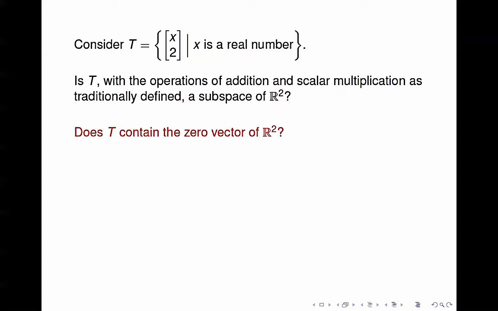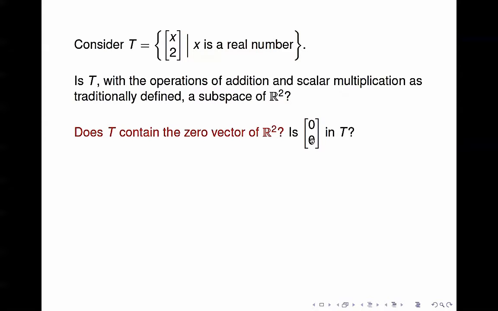So looking at the first one, does T contain the 0 vector of R2? That was the first requirement to be a subspace. So I'm asking, is the vector (0, 0) in T? If you look up here at T, remember, what does it take to be in T? First component's any real number, second component's 2. So we look at (0, 0), does that fit the bill? No, it doesn't. Why not?